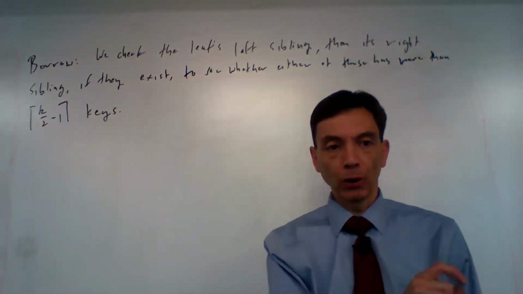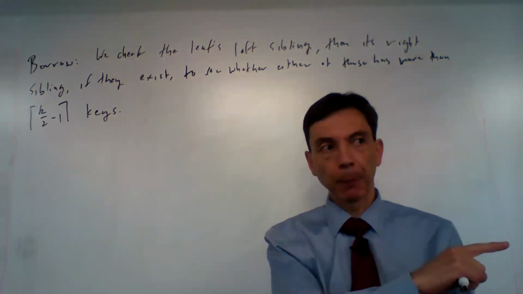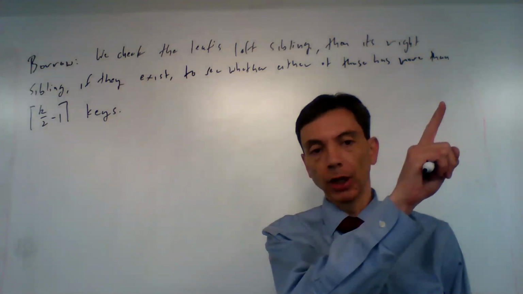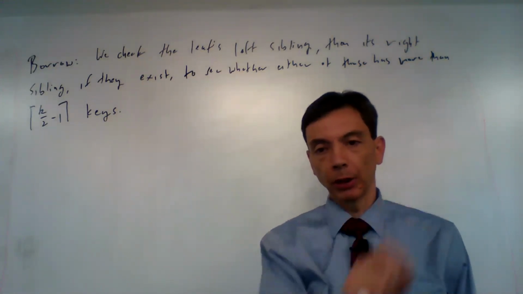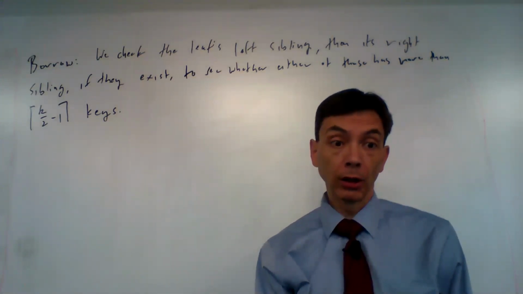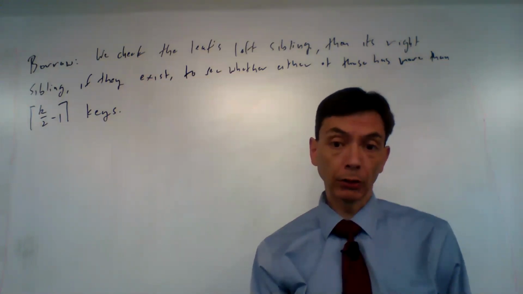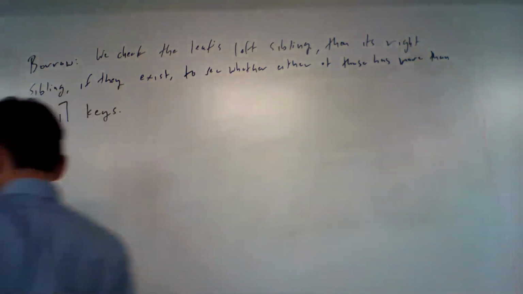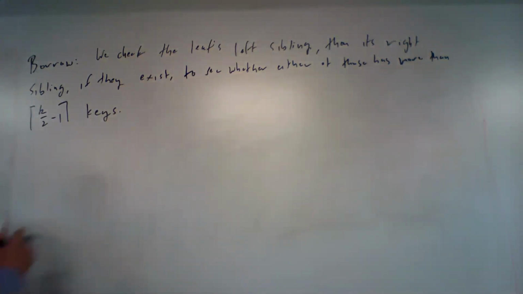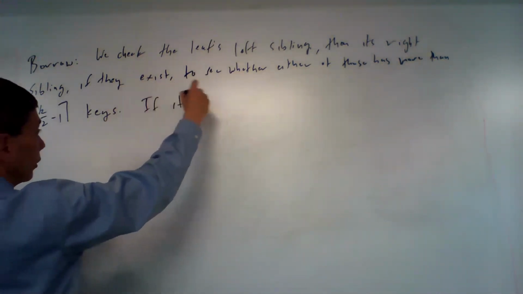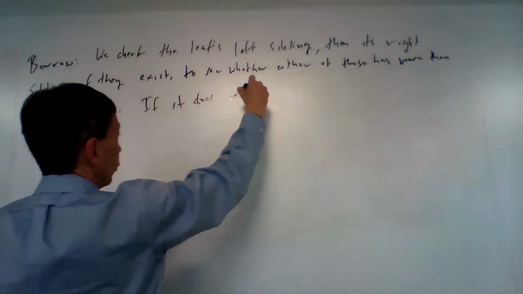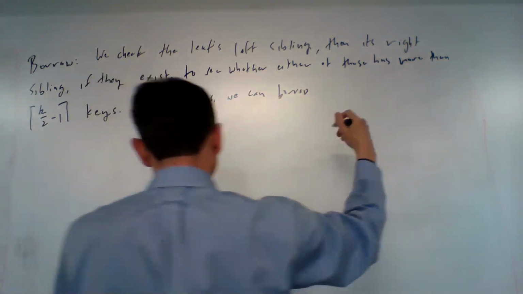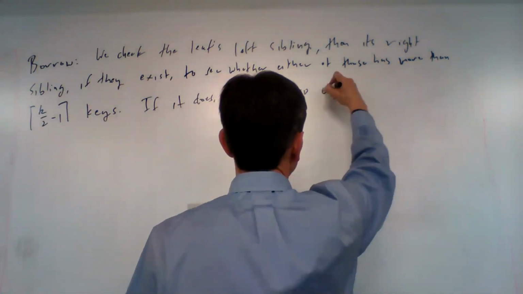We're actually going to borrow one by taking a key from the sibling, pushing it up to our parent, and then taking something from the parent and pulling it down into us, giving us that extra key that we need in order to meet the requirements of fullness. All right? So if it does, we can borrow one of the siblings' keys.